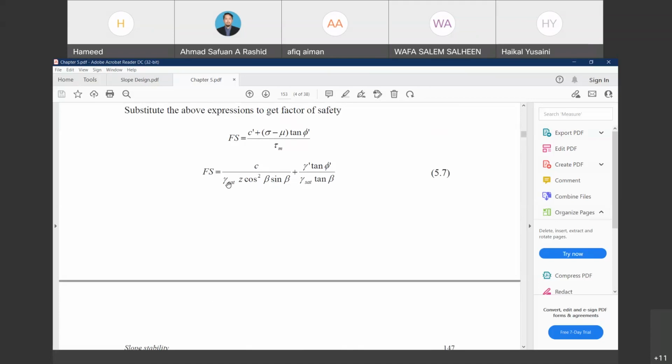So saturated 20 times Z is equal to 5, times cos squared 12 times sin 12. On this part I obtain 0.502.